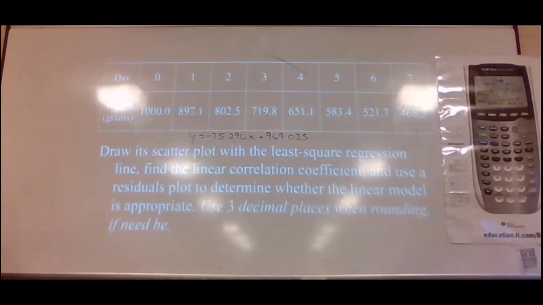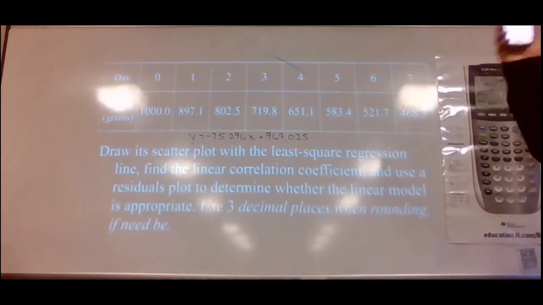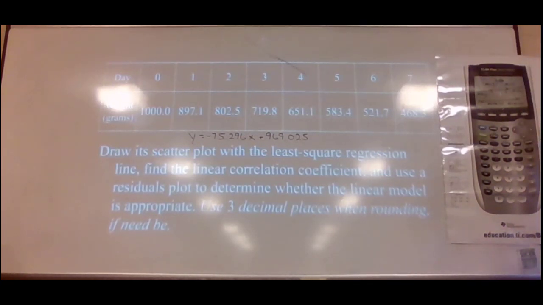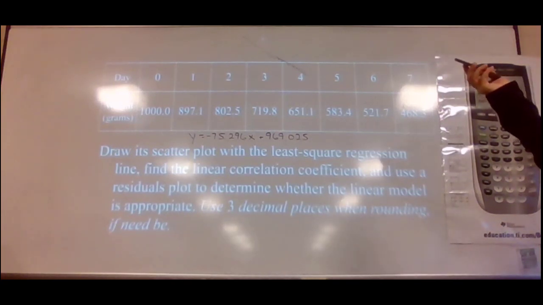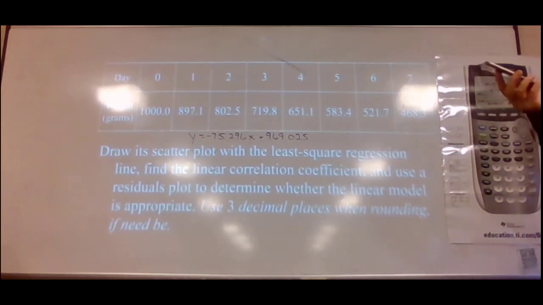And the R squared value, 0.988. So this model right here, the correlation coefficient would tell us that this is a pretty good model for this data, right? It's pretty linear when you have numbers that are that close to 1 or -1. Does that make sense? We talked about that last week.